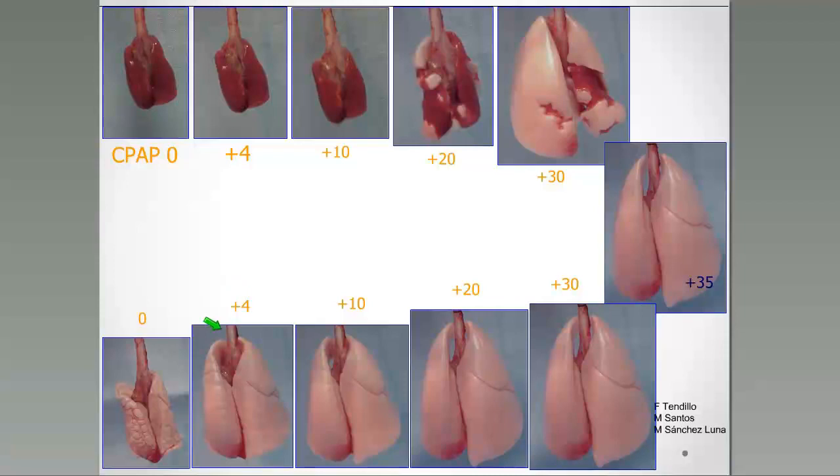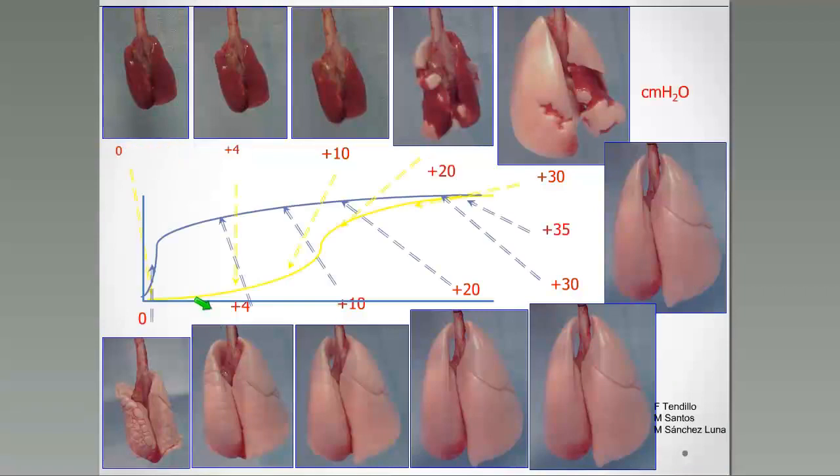So we open the alveolus, and then we can reduce the pressure until we find what we call the closing pressure of the alveolus. If we represent this relationship of volume and pressure, we can construct this typical loop of the inspiration and expiration of the pulmonary physiology.